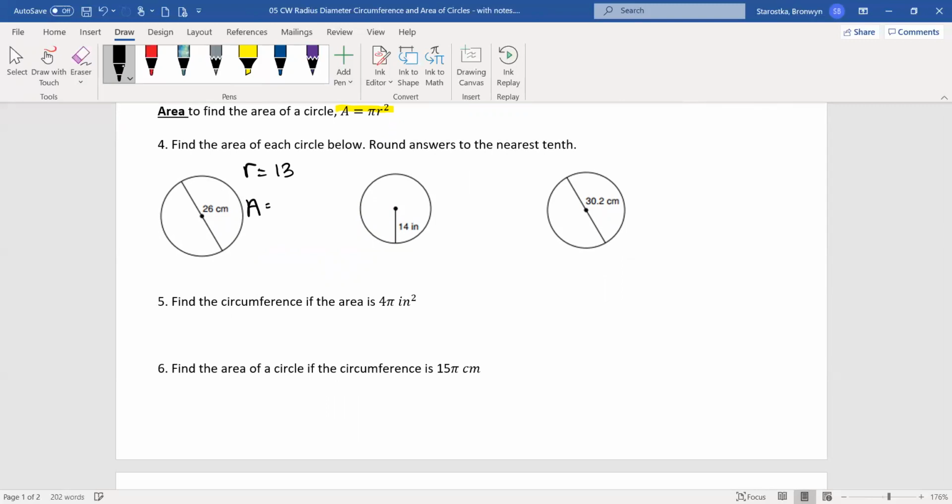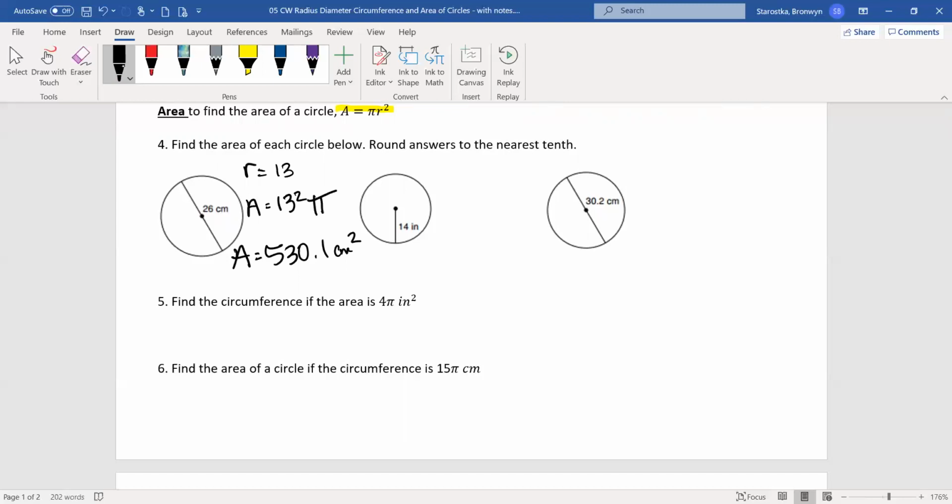Area, 13 squared pi. Or plugging it into our calculator, the area is going to be 530.1 centimeters squared. Remember, area is square units.